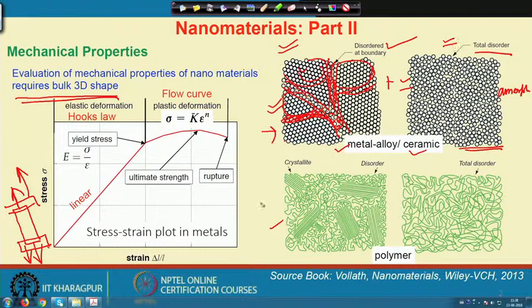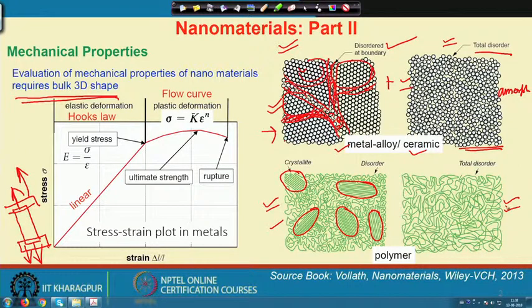Now, in the case of a polymer, mostly polymers are glassy or amorphous. However, there are semi-crystalline polymers, with very small units which appear to have some sort of ordered structure, like crystallite, like spherulitic structure and so on. However, there are also fully disordered, or let us say glassy, polymers.